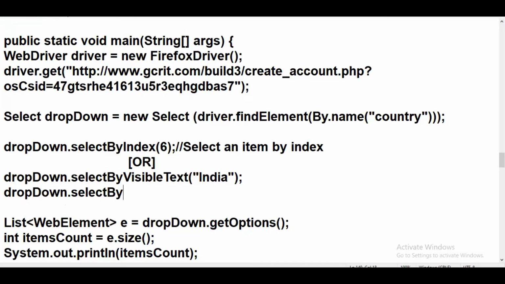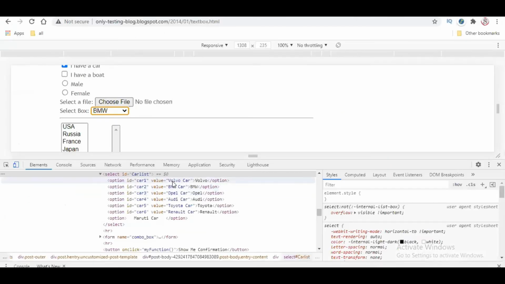So the third method is select by value. For this, we are going to go to this code. Here, can you see the value? If I want to select BMW, I need to say select by value of BMW space car. I need to mention this value.